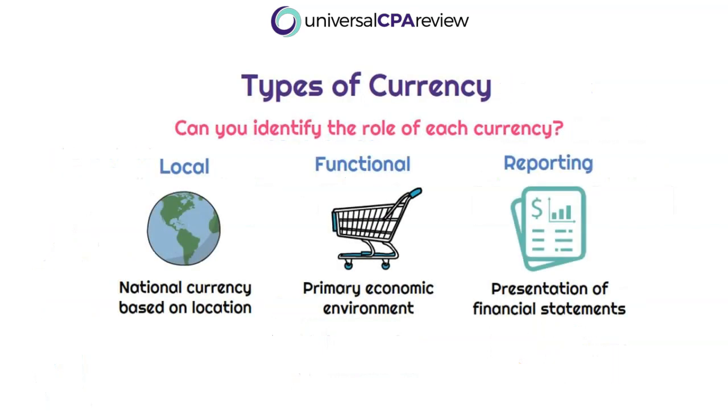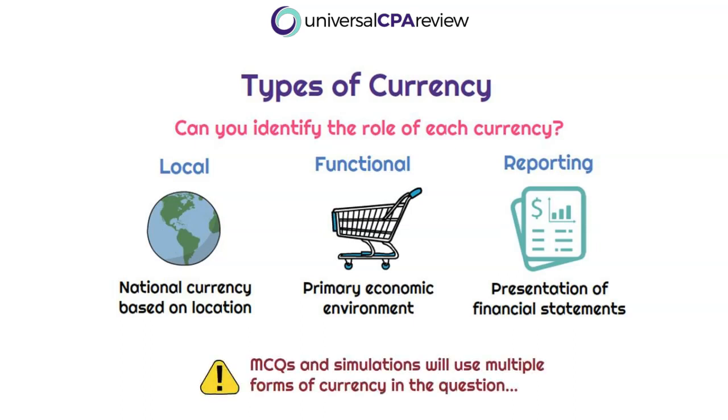The other thing we need to know is types of currency. Can you identify the role of each currency in a specific situation? Because these will be thrown around a lot, and we need to know the basics. So the three main forms that they like to express currency in would be the local currency for a company, the functional currency for a company, and then the reporting currency for a company.